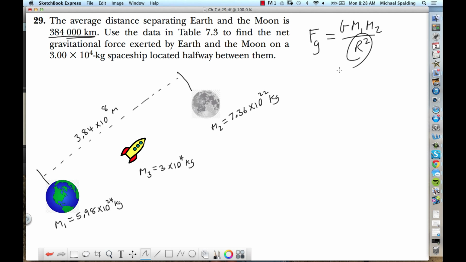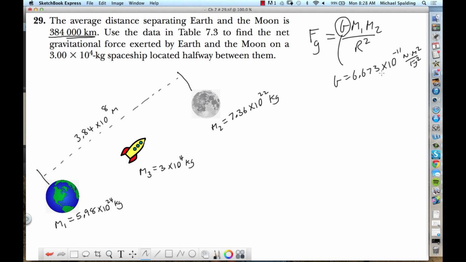This r is center to center, from the center of m1 to the center of m2, or whatever the two masses might be. You don't have to memorize this. I'll always give it to you. G is 6.673 times 10 to the negative 11 Newton meter squared over kilogram squared.